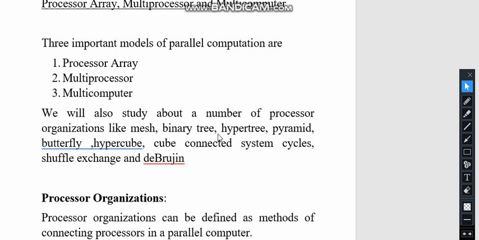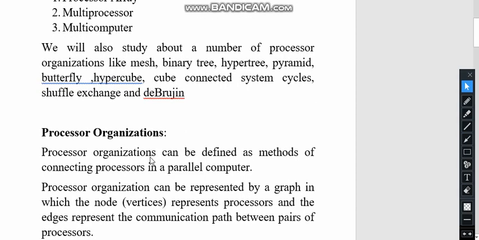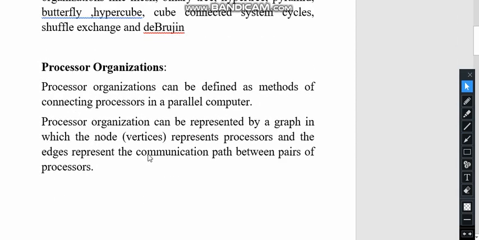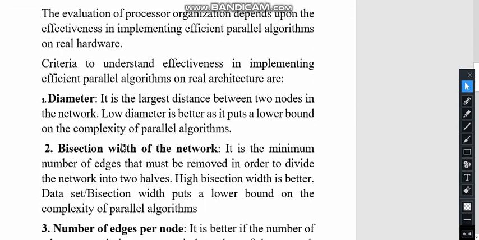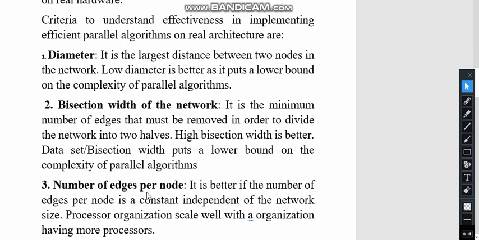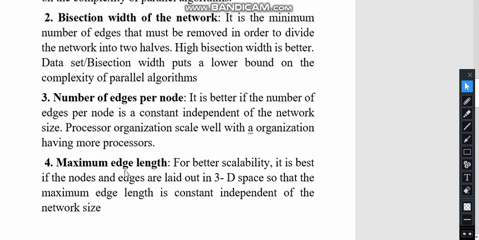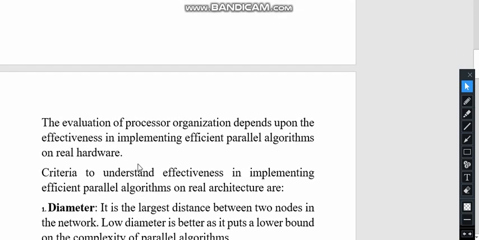And these 4 criteria are diameter, bisection width of the network, number of edges per node, and the maximum edge length.